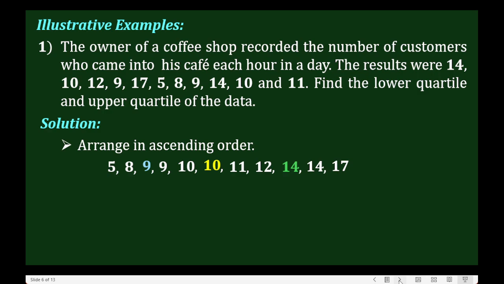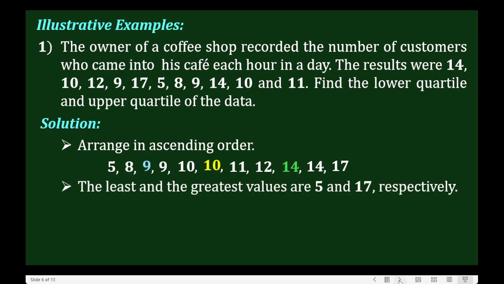Then from this sorted data, you will notice that the least value is 5 and the greatest value is 17. Then, locating the middle value, which happens to be the median, that is 10.